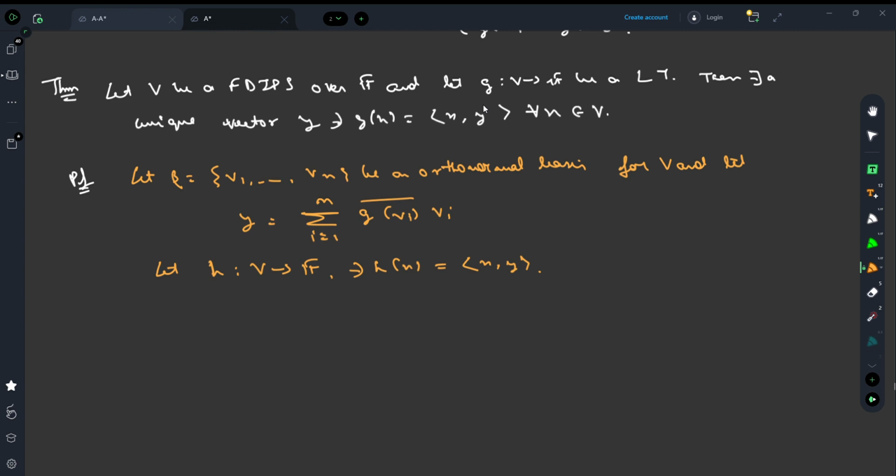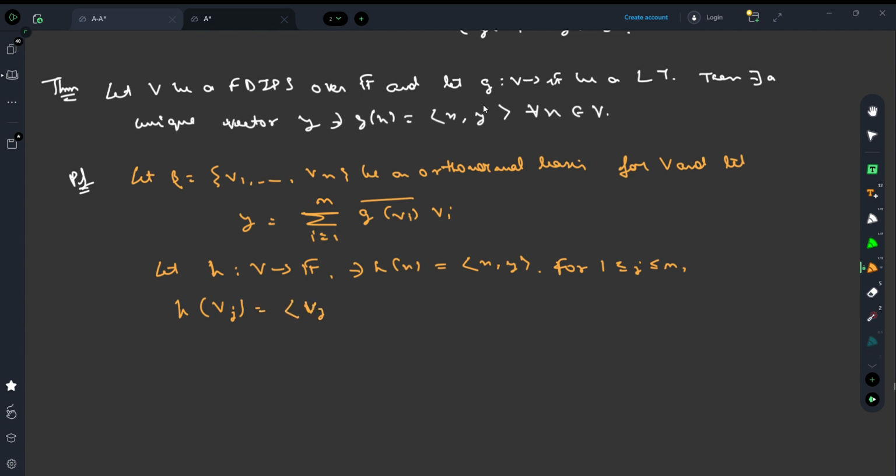But observe that since beta is a basis for V, if I establish an equality of h and g on the vectors in the basis, then it is sufficient to establish that h equals g for every vector in V, because every vector in V is a linear combination of the elements in the basis, and h and g both are linear, right?